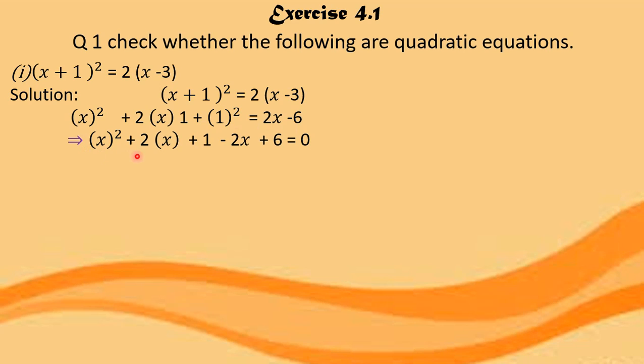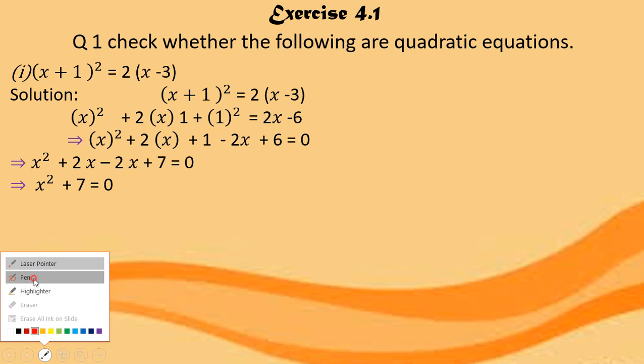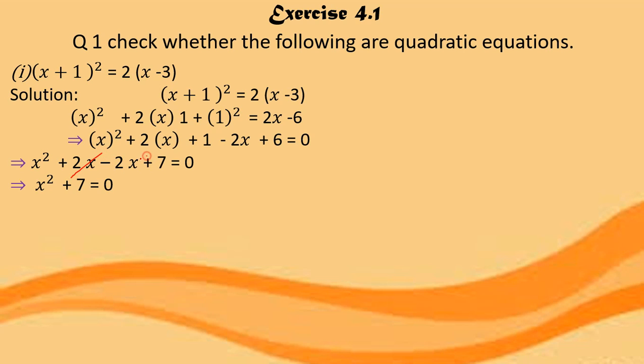That is x square plus 2x plus 1 minus 2x, and the quantity on the right hand side, take it to the left hand side, it becomes the opposite sign, that is 2x becomes minus 2x and minus 6 becomes plus 6. Now when we solve, this 2x and this minus 2x cancel out, that means 2x and minus 2x become 0.